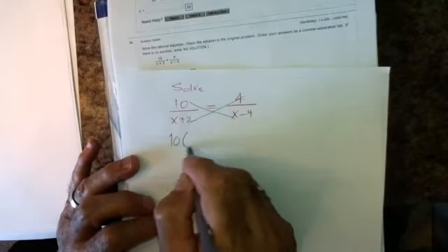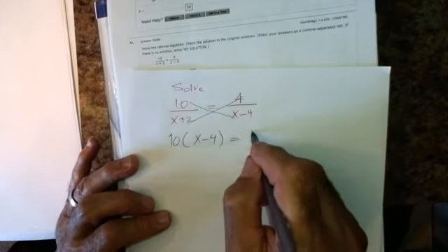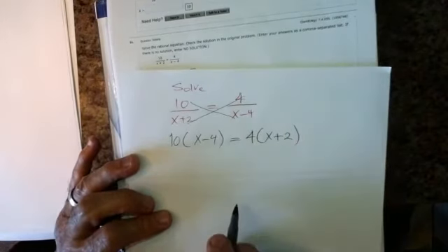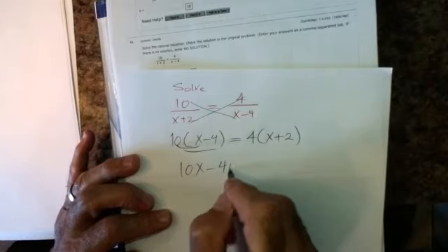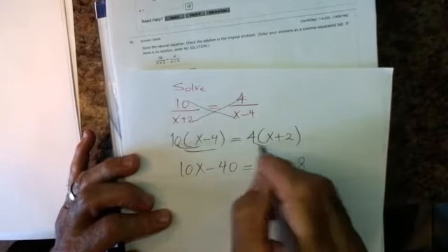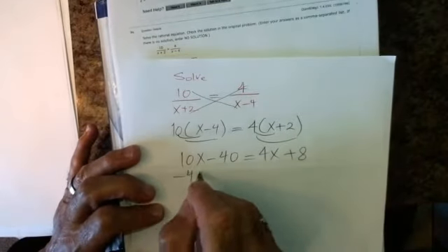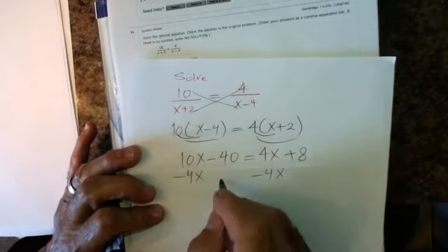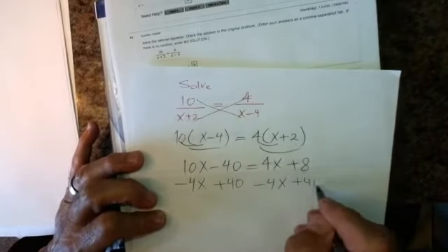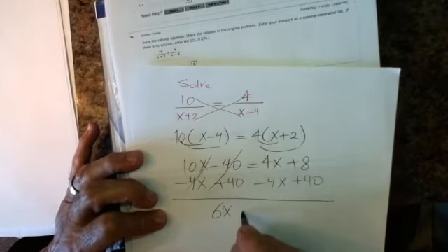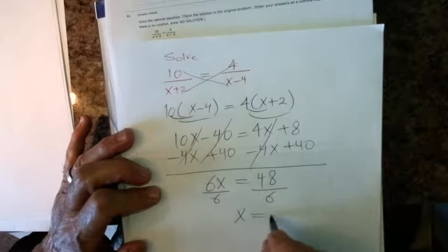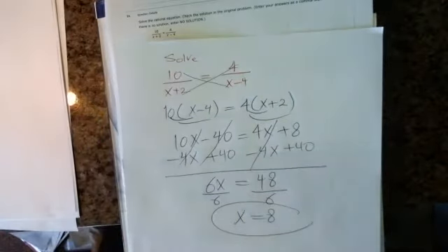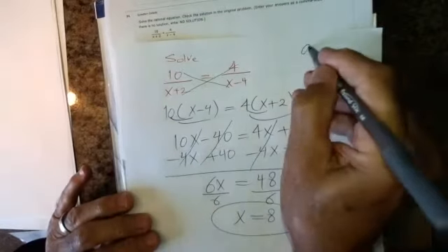So 10 times (x minus 4) is 4 times (x plus 2). So we are using the cross product here.